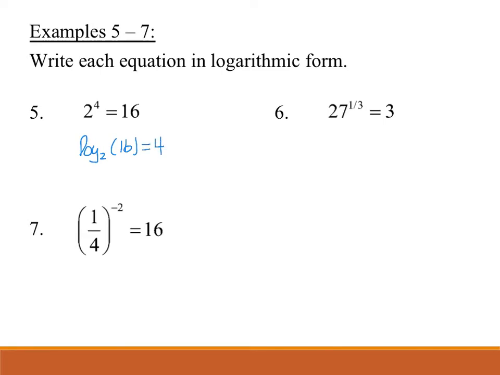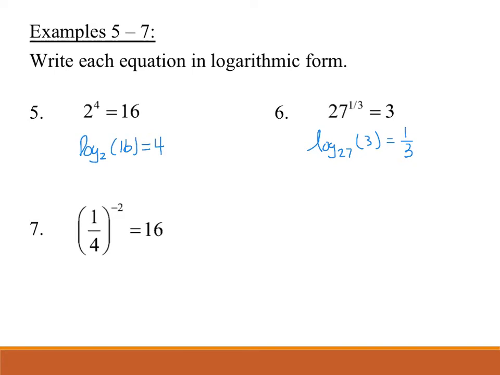In number 6, the base number is 27. The power is 1/3. 3 is the number. So the log base 27 of 3 is equal to 1/3. Finally, we have number 7.